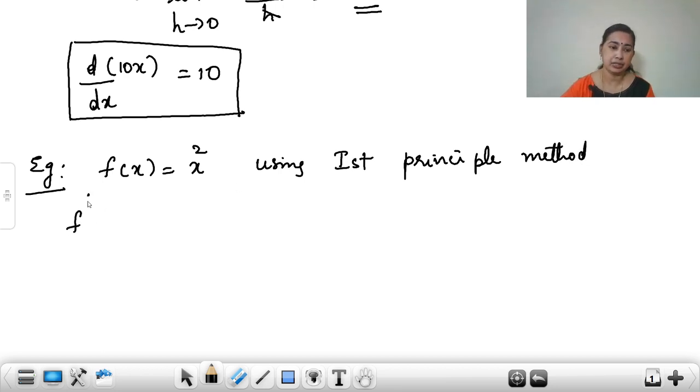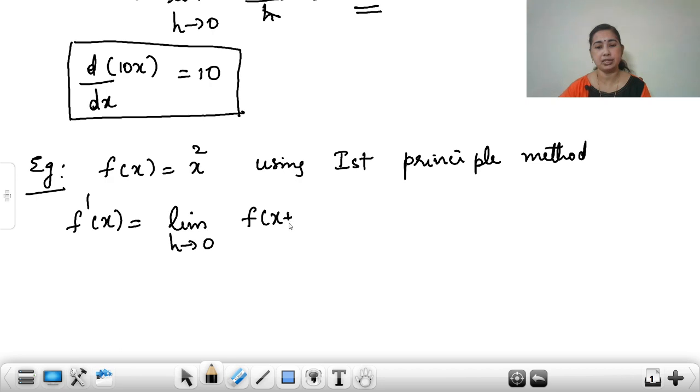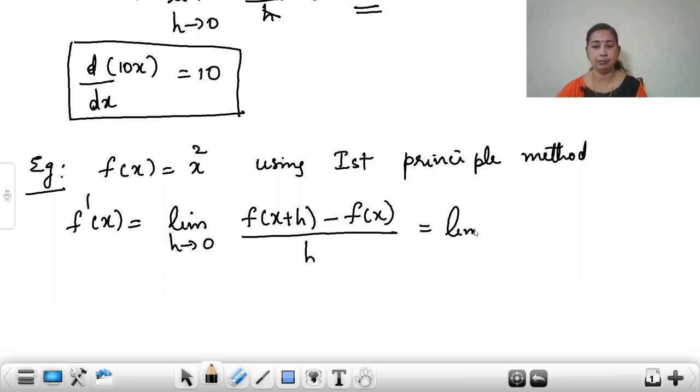So f dash x: first we have to write the formula. f dash x equals limit h tends to 0, f of x plus h minus f of x, whole divided by h. That is equal to limit h tends to 0. f of x is x square. So what is f of x plus h? Instead of x, it is x plus h. So (x plus h) whole square minus x square, whole divided by h.